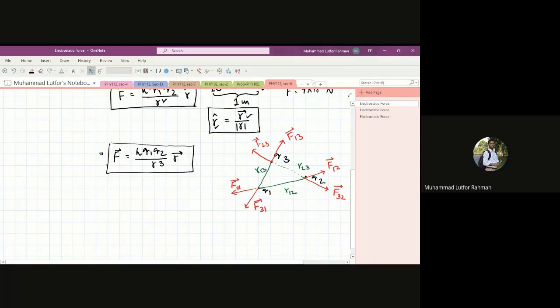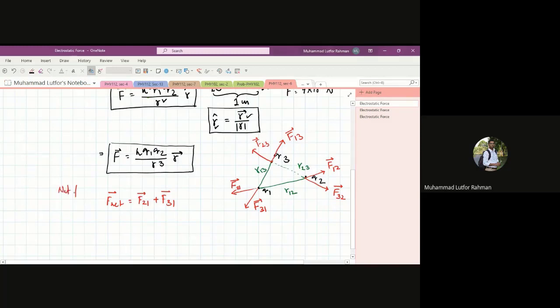Now, if they ask me to find the net force on Q1, what I'll do is F21 plus F31. So this is the net force on 1.